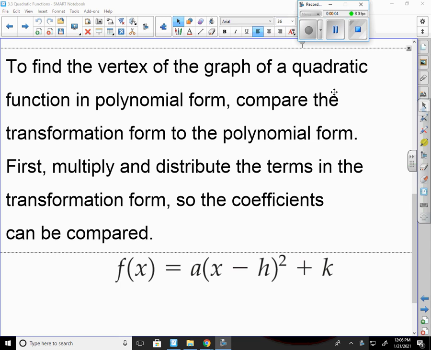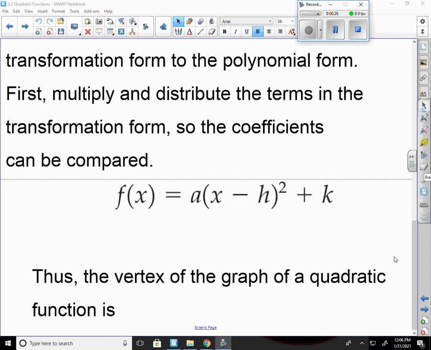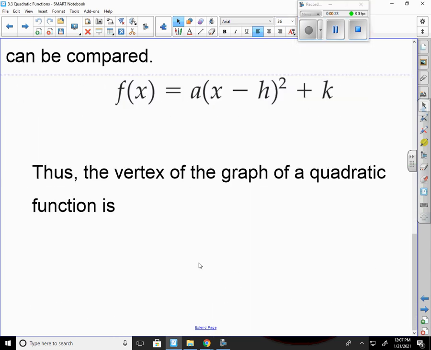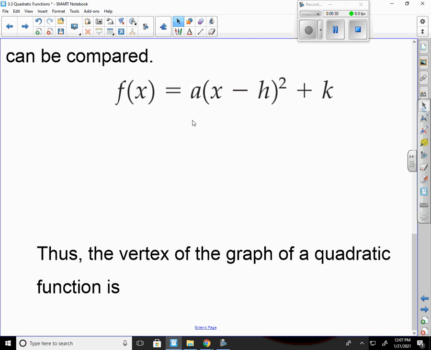To find the vertex of the graph of a quadratic function in polynomial form, compare the transformation form to the polynomial form. So first, we multiply and distribute the terms in the transformation form, so the coefficients can be compared. What that means is, I'm going to need some space here.